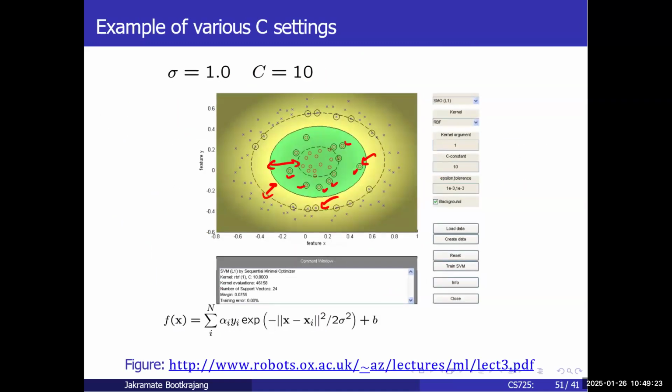So any question about classification and decision boundary? Hopefully you understand the basics of classification and the output of the SVM.